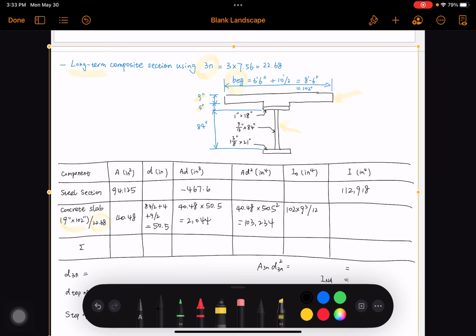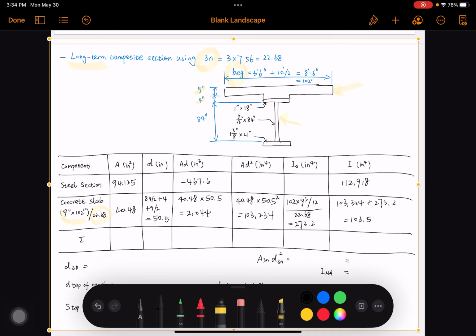And this whole thing needs to be divided by the 3N, which is 22.68, equal to 273.2. And I equal to 103.324 plus 273.2, which gives 103.531.